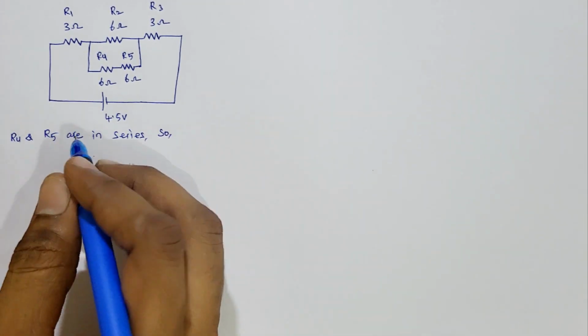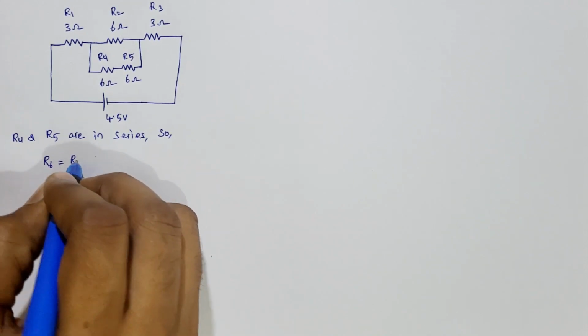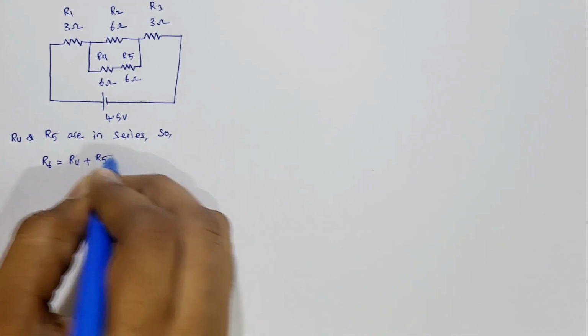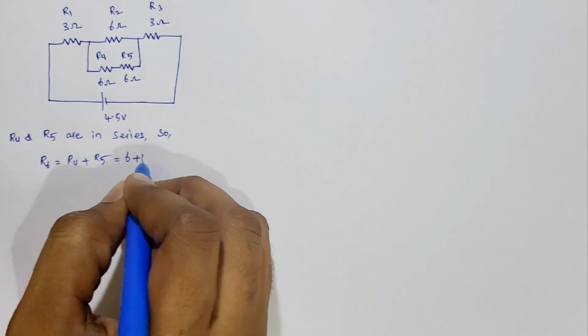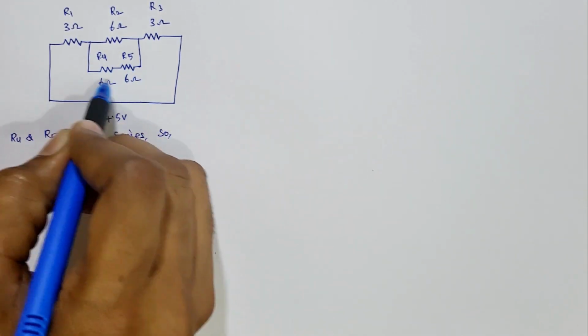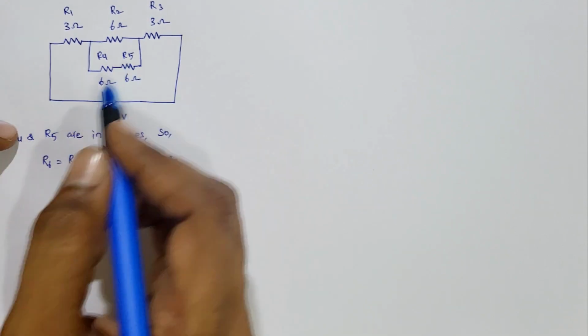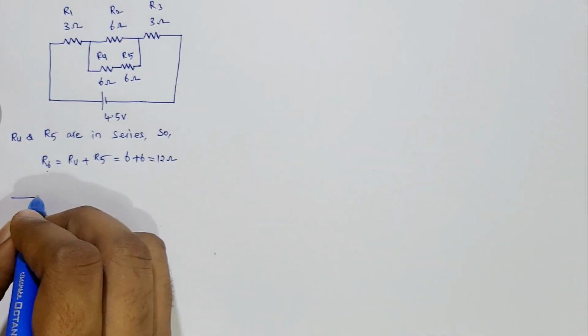So we can take it as R6 is equal to R4 plus R5 is equal to 6 plus 6, that is equal to 12 ohm. So these two can be replaced by a new resistance. That new resistance I named R6. So the circuit will become how now?